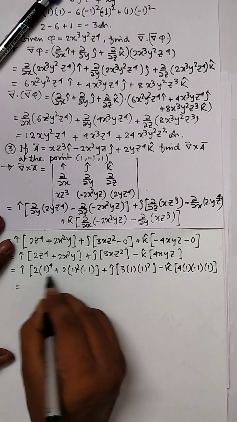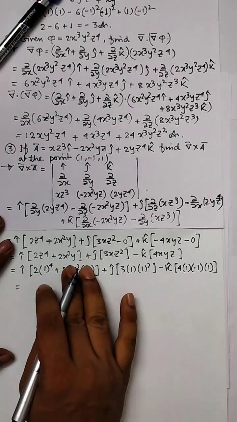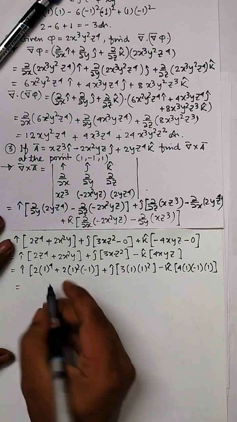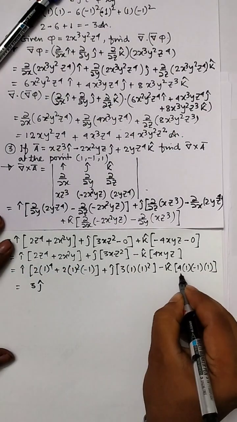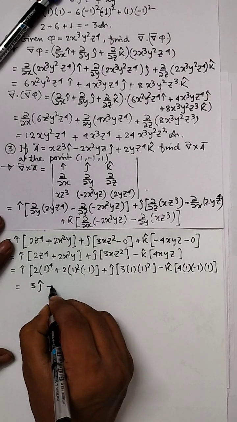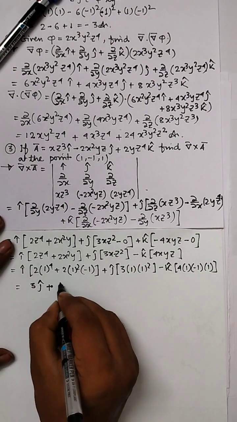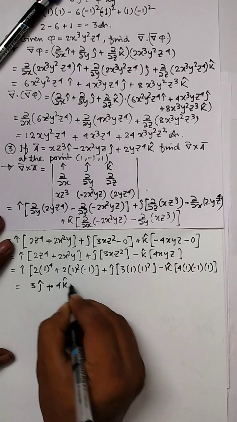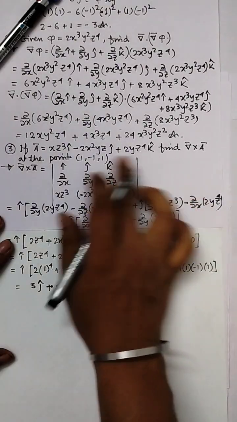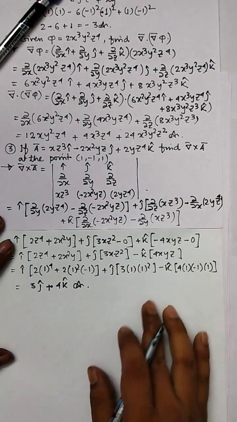So the i term is 0, so there is no i term for this case; 3j, and for k, minus minus plus, 4k. So this is the answer of curl of vector A given in the question.